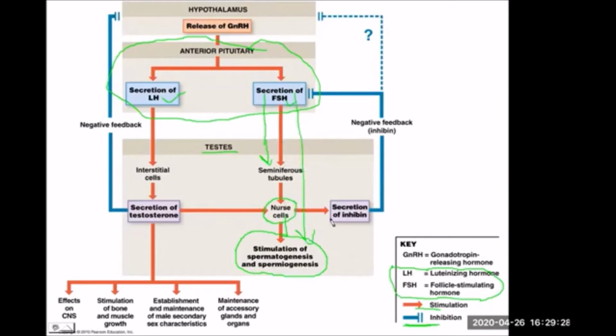Also, nurse cells are a source of inhibin, so feeding back on the brain to, of course, decrease its production. So it's regulating the amount of sperm cells produced, not allowing it to go too high by having that negative feedback loop. And over here, LH, again, circulating to the testes, but here having its direct action on those surrounding interstitial cells.